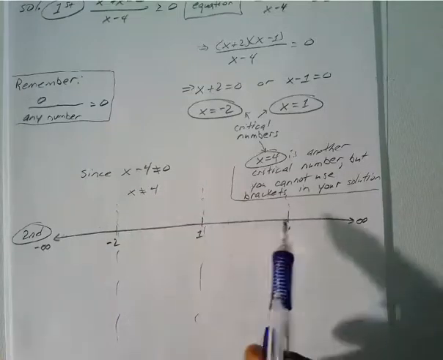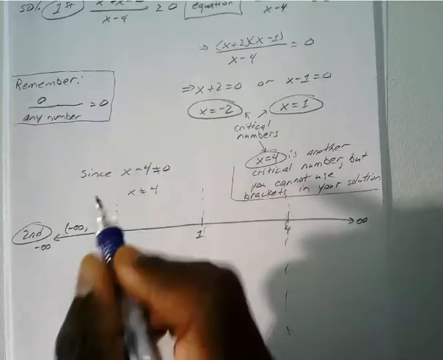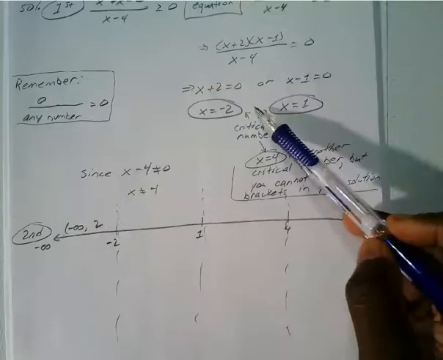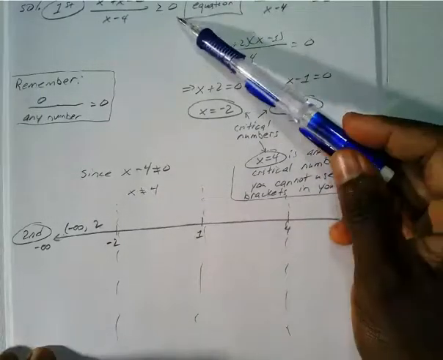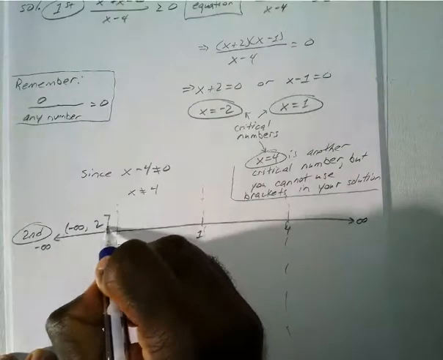For each section, this section is from -infinity to -2. Remember, that's in our numerator, so we can use brackets for those since we have greater than or equal to.